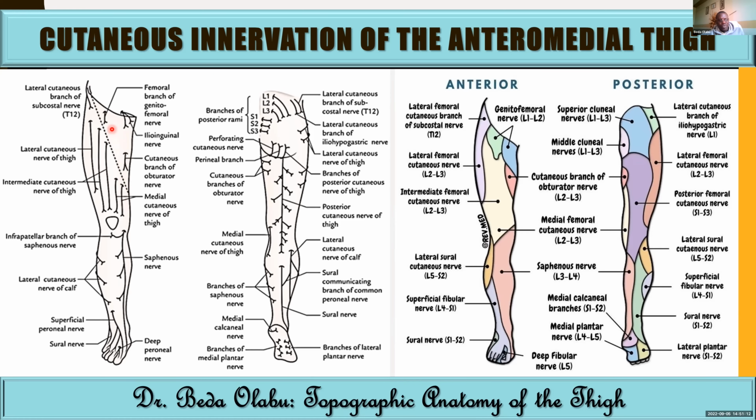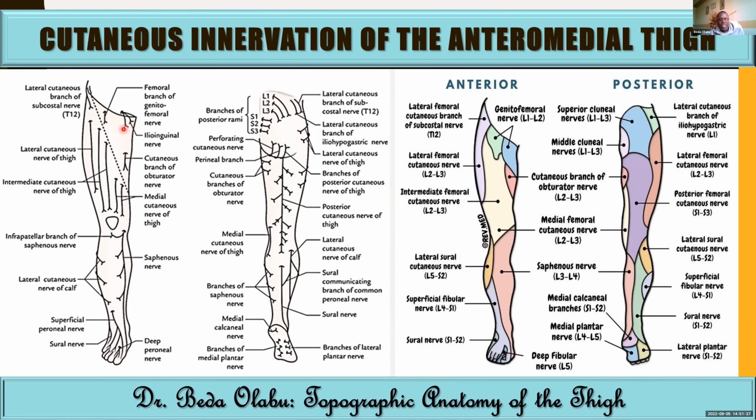Now if you go more medially, and especially proximal and medial, to a region we call the femoral triangle, there are some nerves that supply the skin of the medial thigh, more proximally and medially. We have the femoral branch of the genitofemoral nerve.